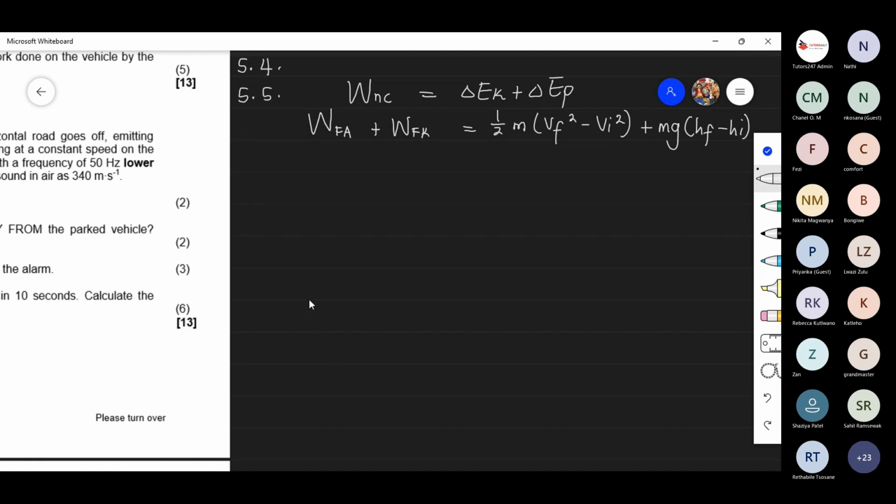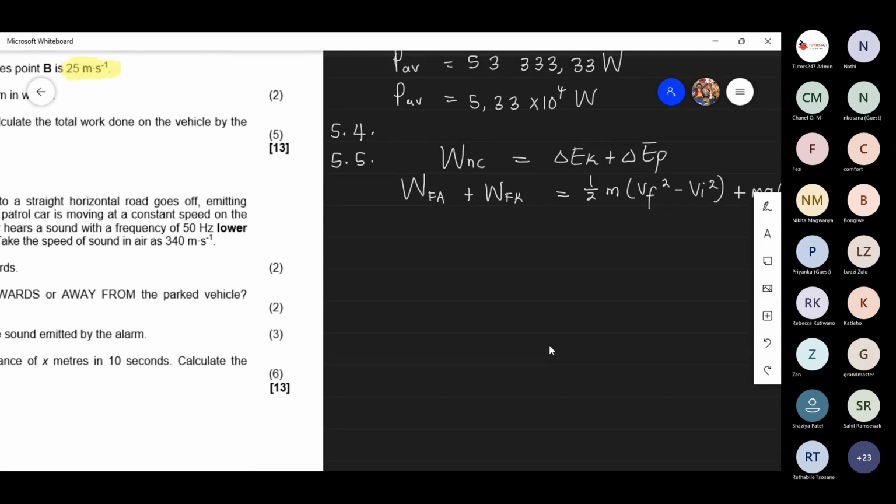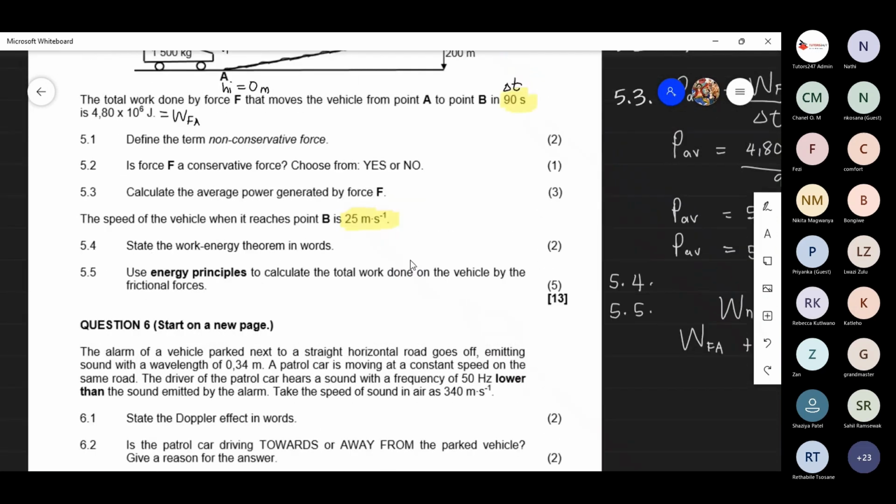Okay. So from this point, all we now need to do is substitute. But something important, I have not seen our kinetic friction value.